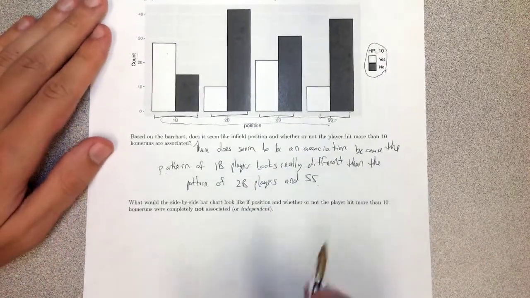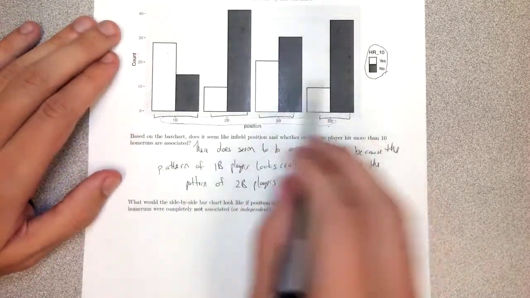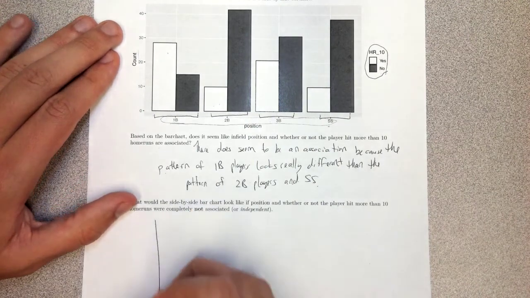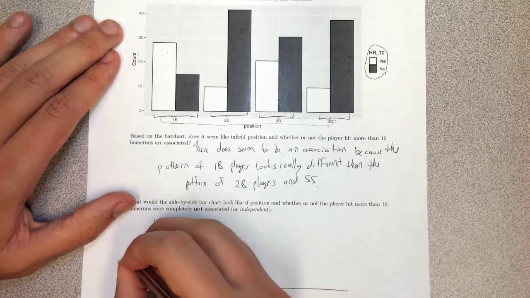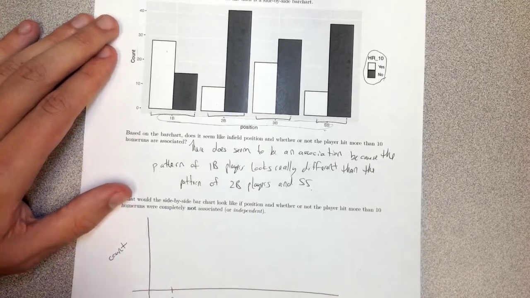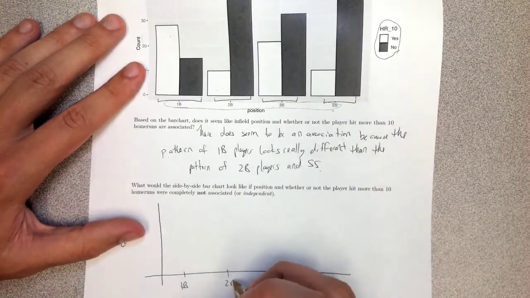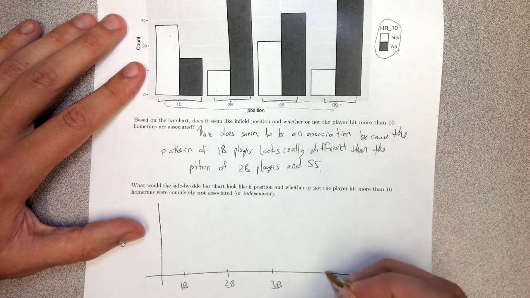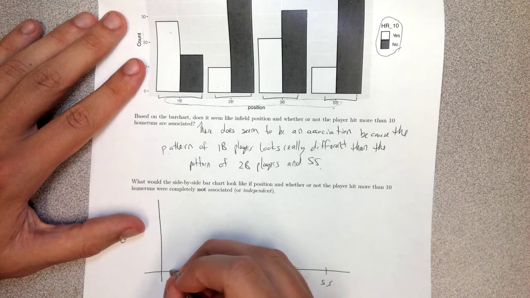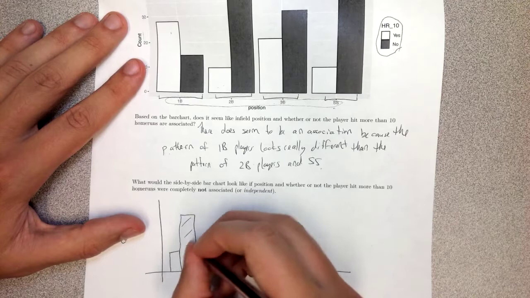This is probably a bit easier to see if we draw what this would look like if home run and position were not associated. If that were the case, I'm going to reproduce this graph. So first baseman, second baseman, third baseman, shortstop. If they're not associated, then the pattern of yeses and no's is just going to look the same.